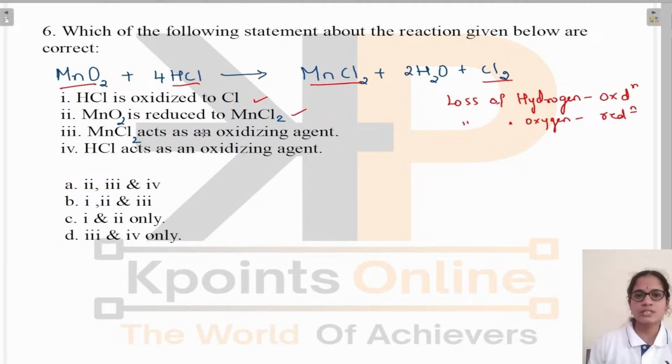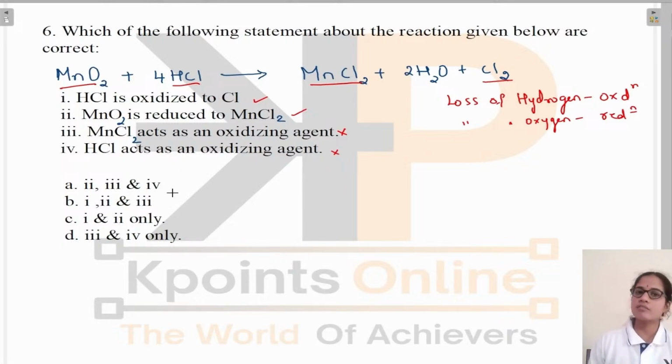Here MnCl2 is not oxidizing any substance, so this will be wrong. Then HCl acts as an oxidizing agent. HCl is undergoing oxidation, so it will not be an oxidizing agent. It will be a reducing agent. As it itself is undergoing oxidation, it will be a reducing agent. Okay, this is also a wrong option.